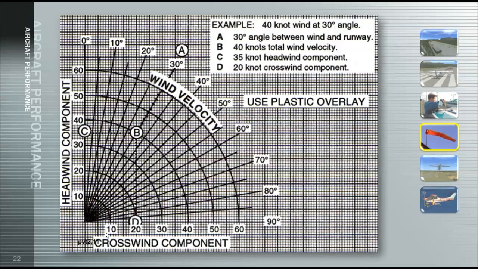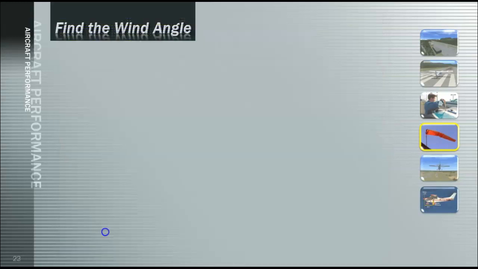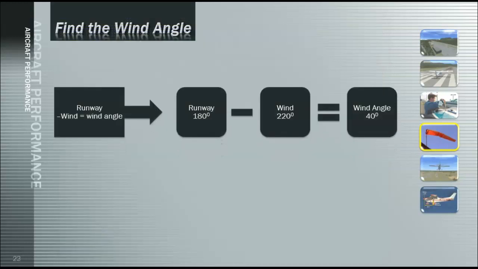Here is a crosswind component chart from a pilot's operating handbook, and it looks more complicated than it really is. It's very simple actually. The first thing we need to do is find the angle between the wind and the runway heading. So let's use an example of a wind at 220 degrees, and let's just say it's 30 knots.